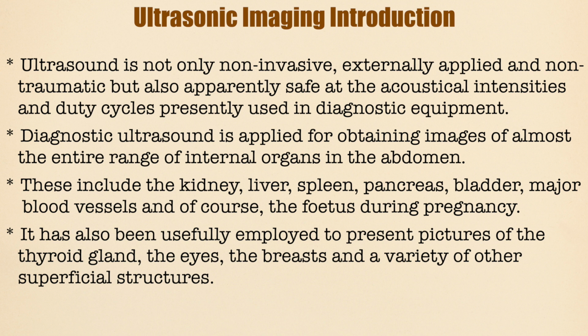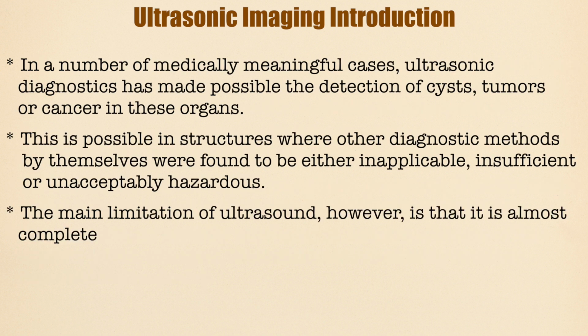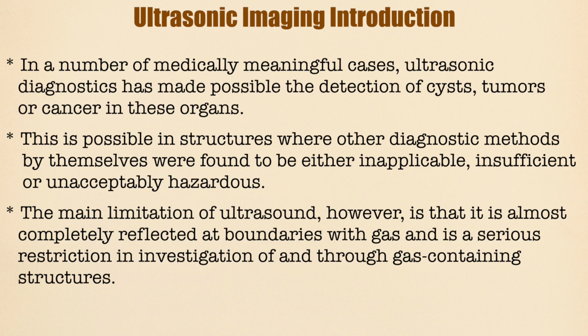It has also been usefully employed to present pictures of the thyroid gland, the eyes, the breasts, and a variety of other superficial structures. In a number of medically meaningful cases, ultrasonic diagnostics has made possible the detection of cysts, tumors, or cancer in these organs.